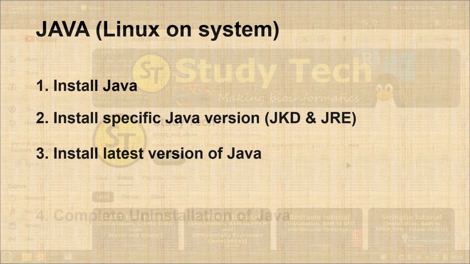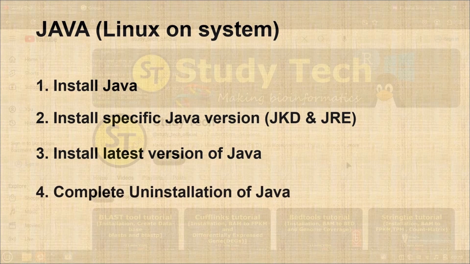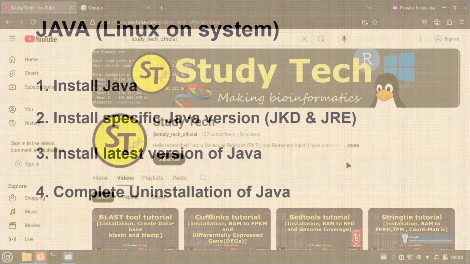And if you are struggling with this version, I can demonstrate how to uninstall all the Java versions from your system so that you can reinstall the latest version of Java to solve this problem.